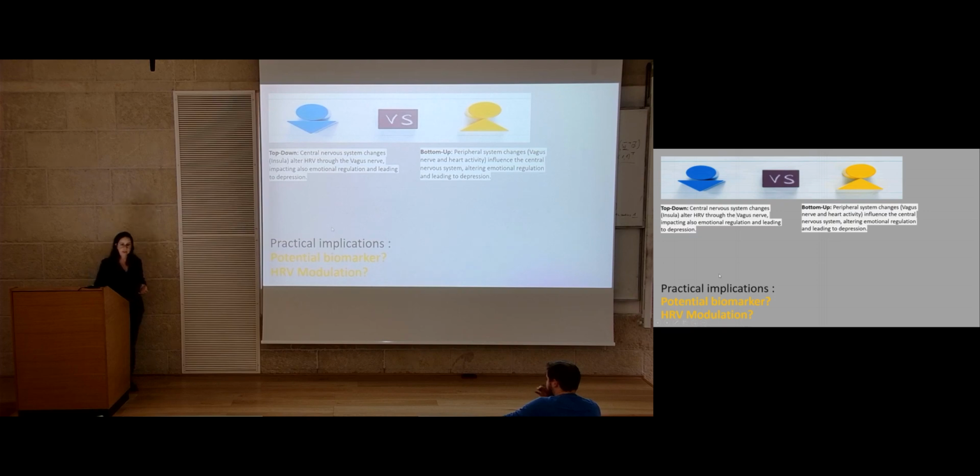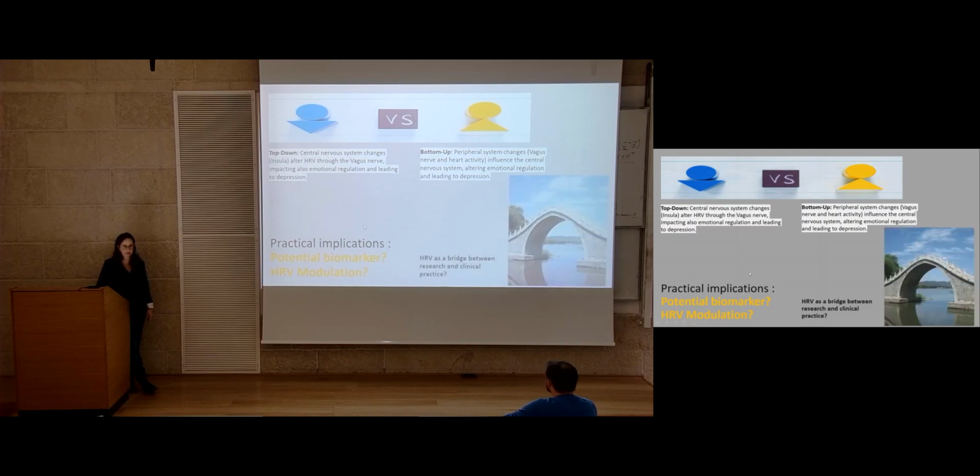The hope was that this is just the first step to continue investigating HRV as a potential biomarker. We'll have studies of HRV modulation, and we found so many papers that we're now doing a meta-analysis of HRV and subjective mood, so not depression, but actual subjective mood like in our task.